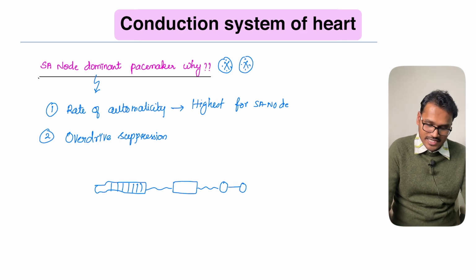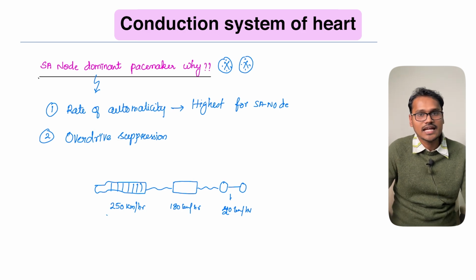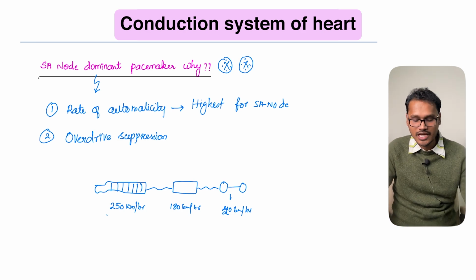Let's say the train has a maximum speed of around 250 kilometers per hour, the car a little less, around 180 kilometers per hour, and the bicycle at its least, around 20 kilometers per hour. If these three are attached very tightly, what is going to happen?